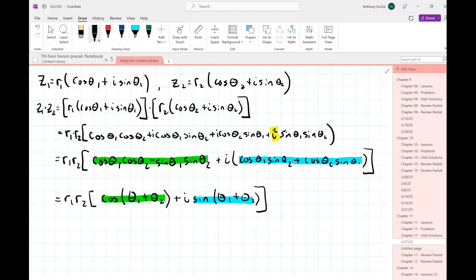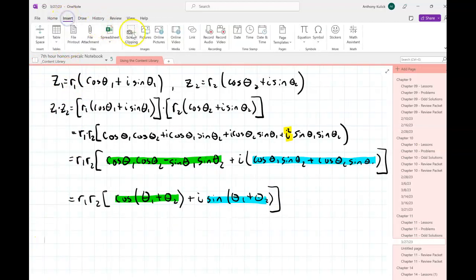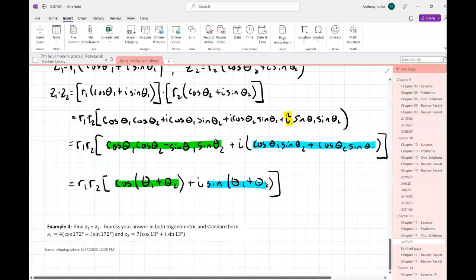That is a big upgrade over standard form, where I have to FOIL every single one of those little buggers out. What we've done is basically just turn this into a mental math problem.